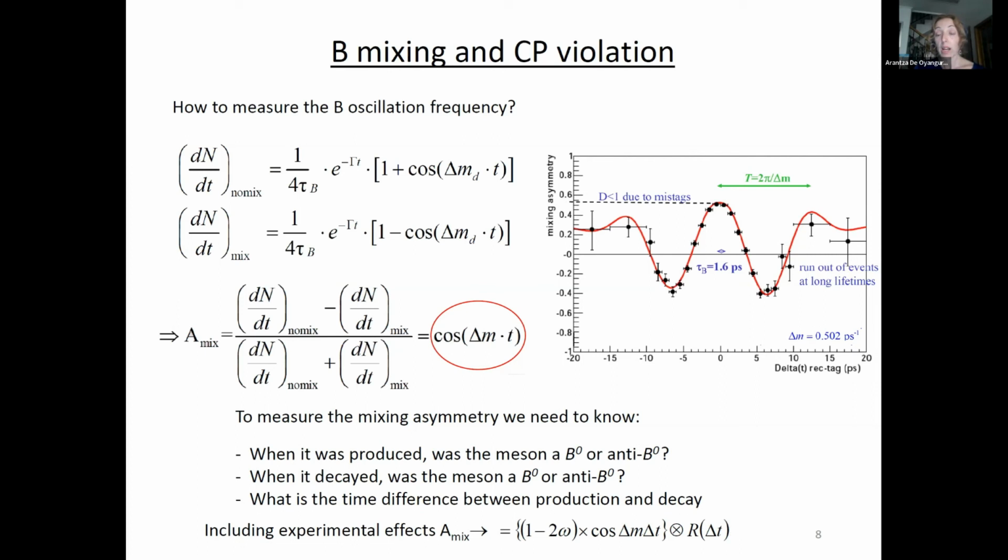And then I also have the time resolution. So if I do this mixing asymmetry, I will observe something like this, where the period is directly related to delta M, and I can measure it from that. Then I have some experimental effects coming from mistag, or from events that I am not able to detect. But in any case, this asymmetry can be very well seen and measured.